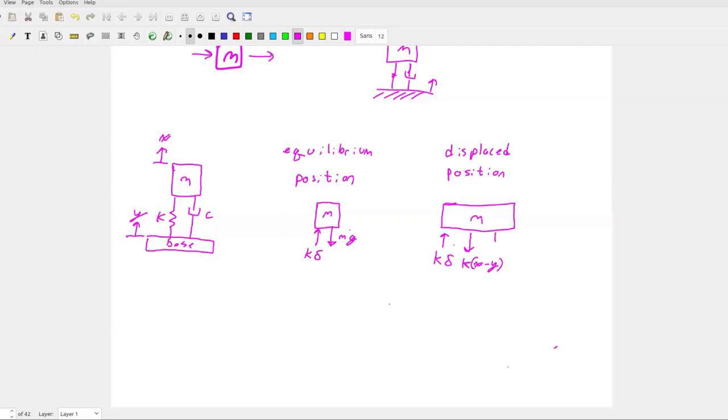I have a force acting down, which is mass times gravity. And then I also have a damper. So I have c times x dot minus y dot. There's my nice long mass.